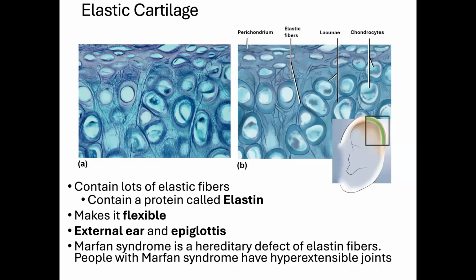But a person with Marfan syndrome can keep moving it further. And if you do this, sometimes it stops like this. Some people can bring it back. So it's more extended. It's a hyperextendable condition, because of a defect of the elastin fibers.